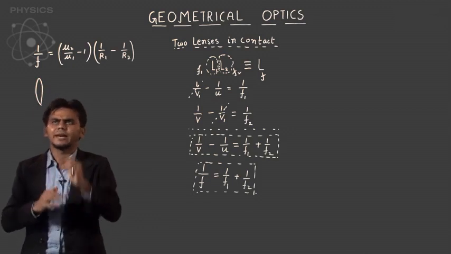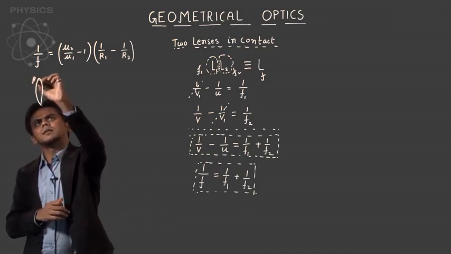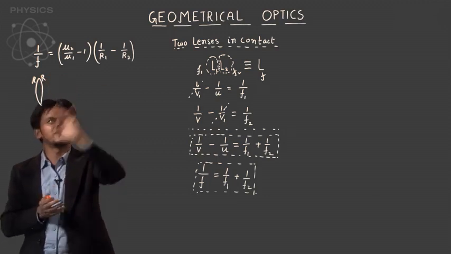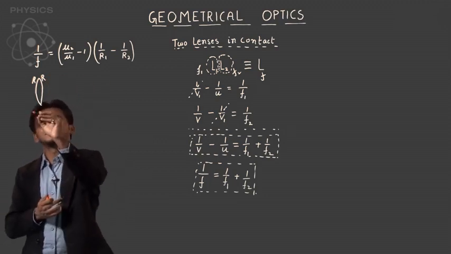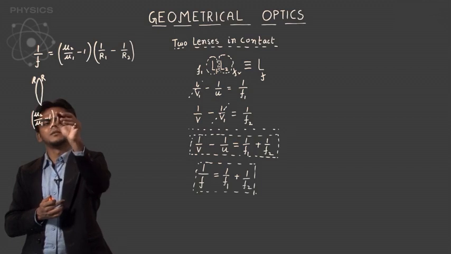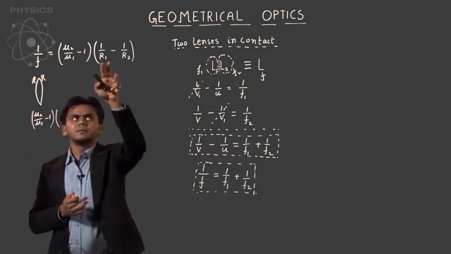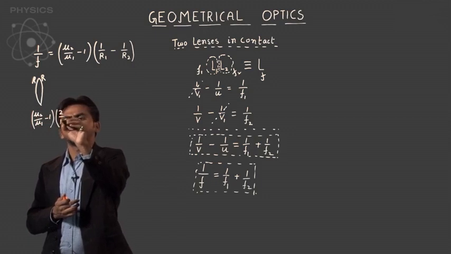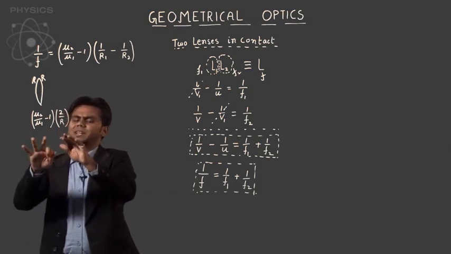biconvex with equal radii. Simply R, R. Very easy. Put the values. What you would get is mu2 by mu1 minus 1. This is positive R. This is negative. So negative, negative is positive. So 2 by R. So this is for your biconvex lens.